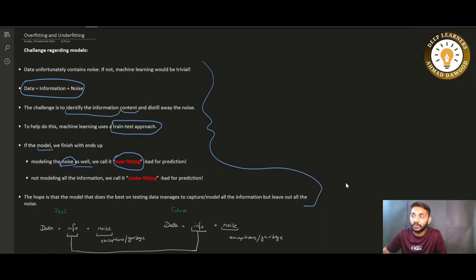The model is overfitting the data points, and of course it's bad for prediction. The second point, underfitting, is that if the model is not able to capture the pattern of all the information, then we call it underfitting the data points, and again it is bad for prediction. These two points we have discussed. Now we will go into the detail of overfitting and underfitting.